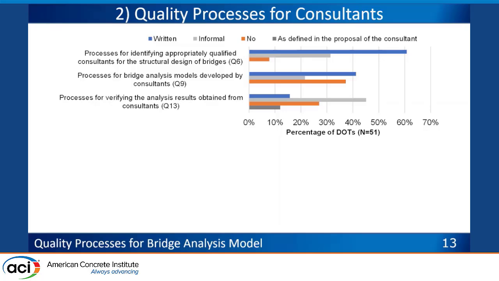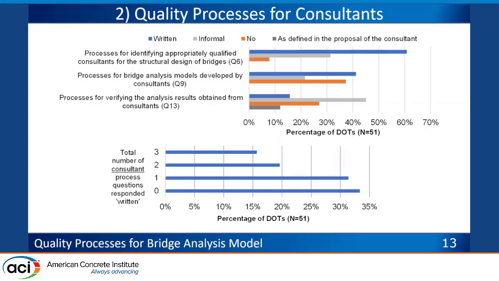So you can see we are asking whether DOTs have processes. You can see pretty good numbers. Almost 60% have some written processes for choosing consultants. You can see written processes represented by blue. The minimum number is for verifying analysis results obtained from consultants.